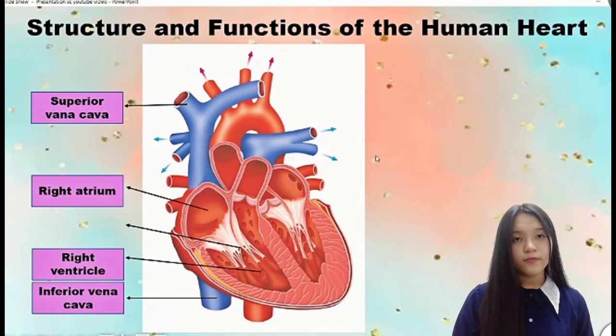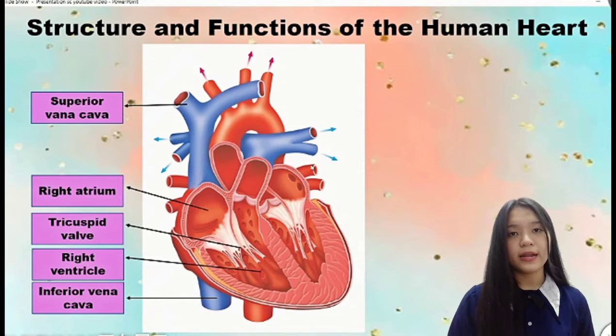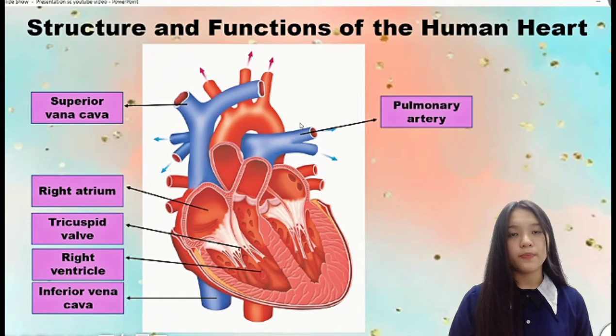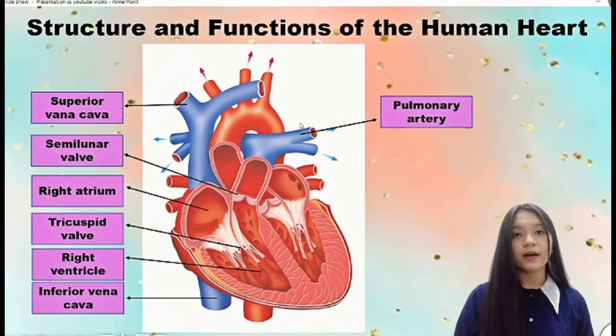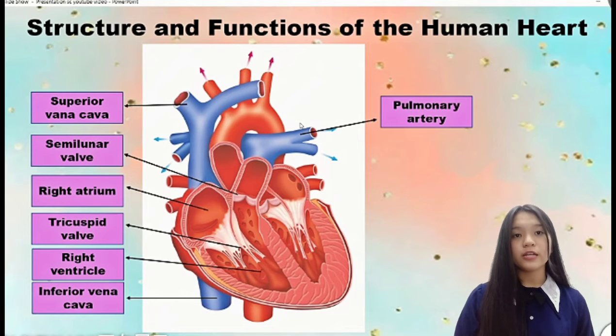The tricuspid valve between the right atrium and right ventricle allows the flow of blood in only one direction. When the right ventricle contracts, deoxygenated blood is forced to flow out into the pulmonary artery through the semilunar valve to be carried to the lung. The semilunar valve ensures the blood flows only in one direction and not back into the ventricle.